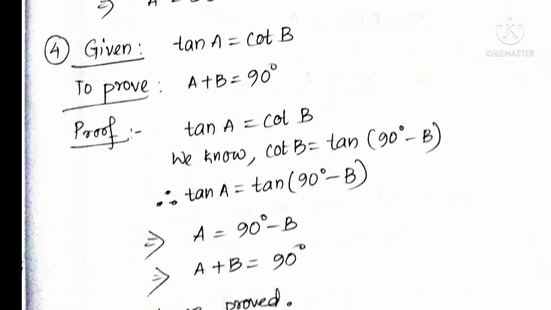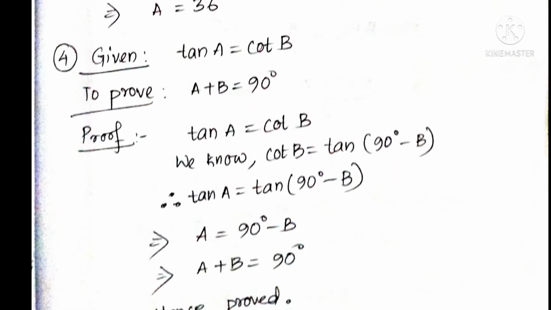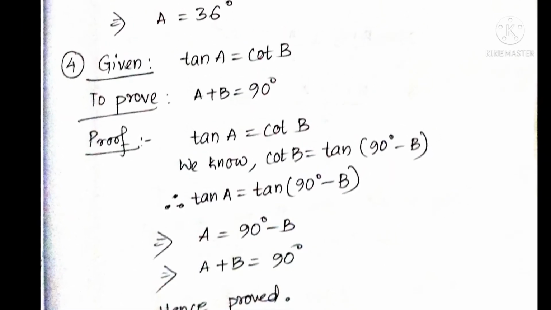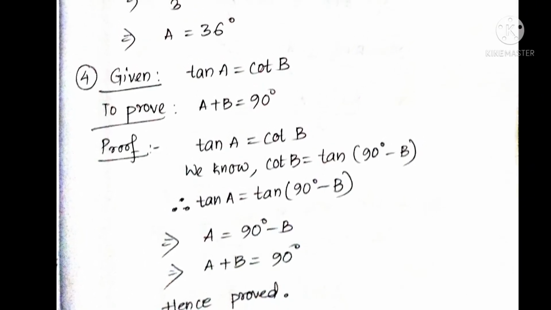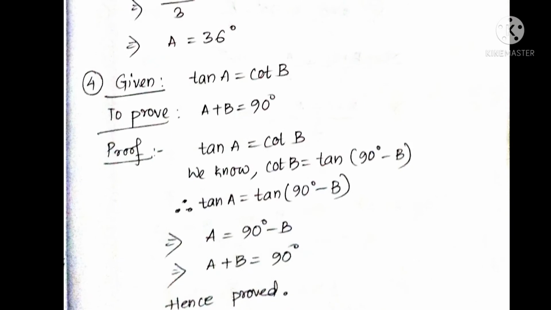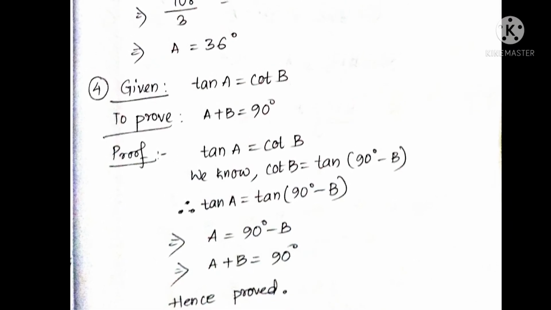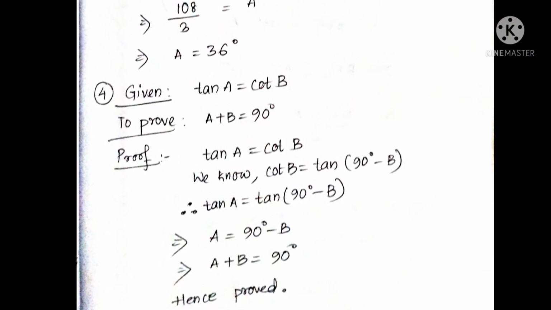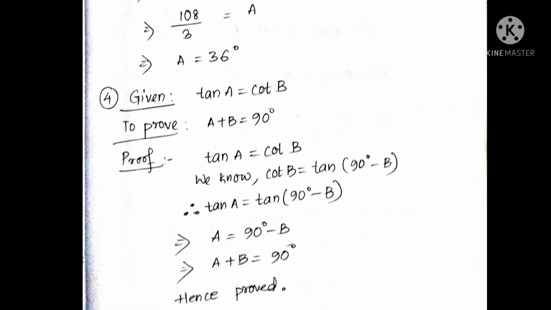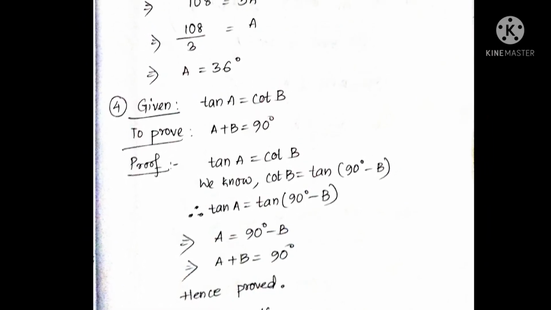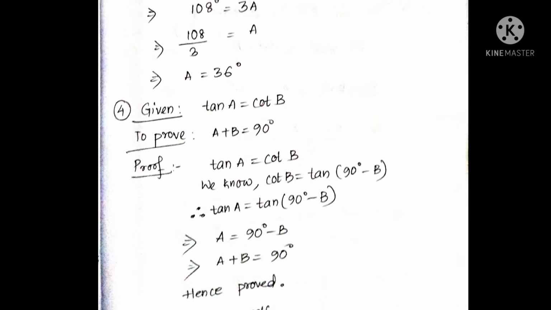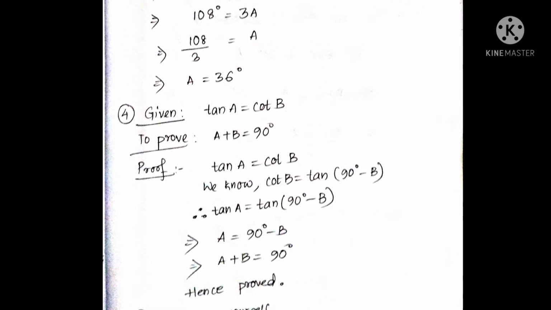So in this question number 4, given condition is tan a is equal to cot b, and we have to prove that a plus b is equal to 90 degree. So we know that cot a is equal to tan 90 degree minus a. So in the right hand side, in place of cot b, we can write tan 90 degree minus b. So here also you can see there is left hand side and right hand side.